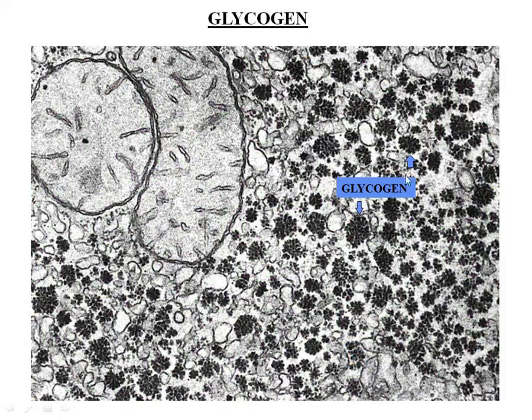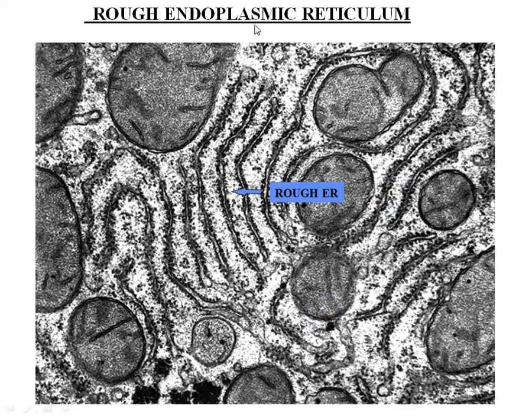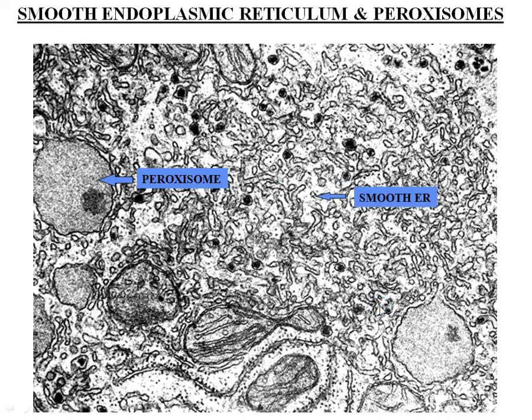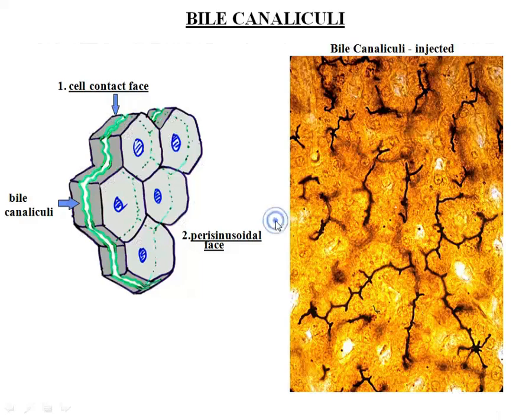Under the electron micrograph, glycogen looks like these dark spots in a hepatocyte. This is a single hepatocyte with a lot of deposition of glycogen. Then the endoplasmic reticulum is highly developed in hepatocytes. You will find a lot of endoplasmic reticulum, then peroxisomes, and smooth endoplasmic reticulum clearly visible in a liver hepatocyte section.